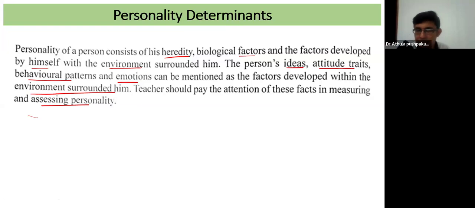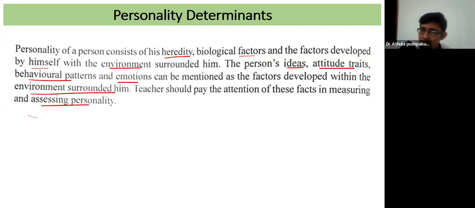The reason is that personality depends on various factors, right? Sometimes environmental related factors, or biological factors, and how can we measure psychological aspects, for example, ideas, attitudes, emotions, values?